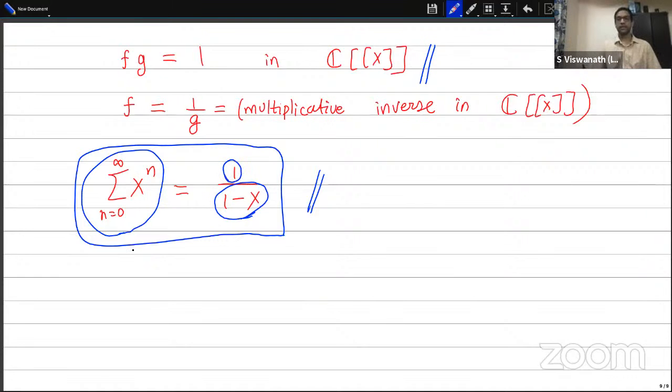So this is the multiplicative inverse of that in this power series ring. That's all we are saying. So we have converted all this back into algebra in some sense. There's no more analysis. We're just thinking of this as computations in this power series ring. Okay, any questions on this?